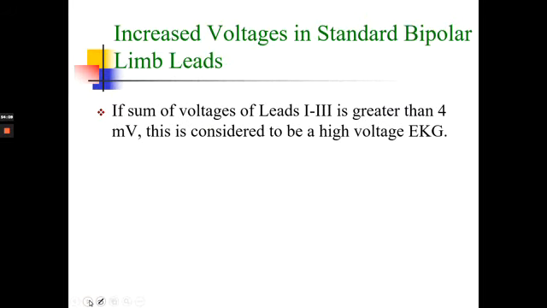Increased voltage in the standard bipolar leads: you summate the voltages of leads 1, 2 and 3, and if the sum is more than 4 millivolts, you consider it high voltage in the EKG.